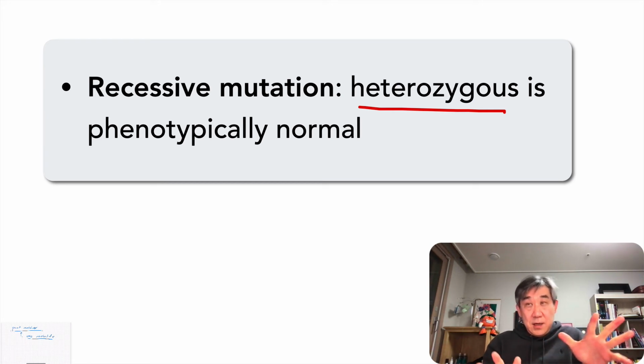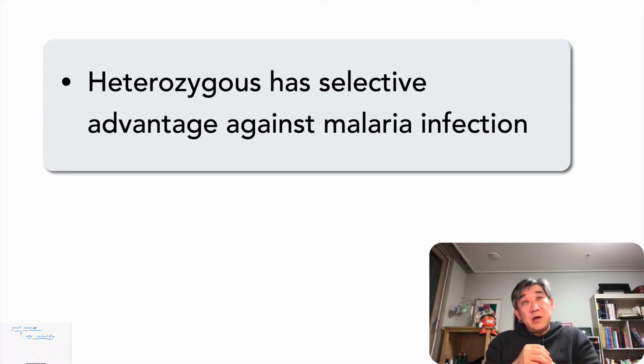So the other allele is dominant, and the sickle cell mutation is recessive, right?